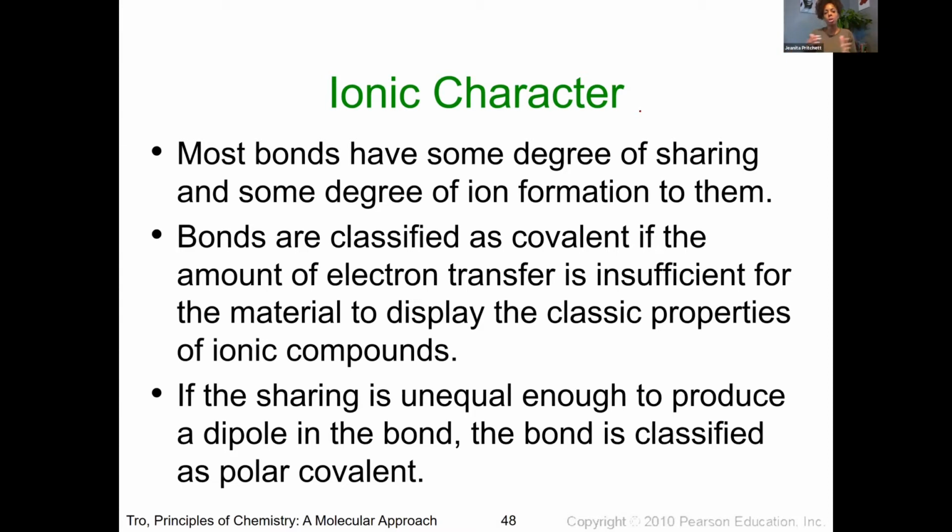So polar compounds are on a spectrum of ionic character. They're creating partial positive and negative regions, but they're not quite to the point where they've created true charges. Keep that in mind as you're classifying the different types of bonding. Do we have even sharing where we're both pulling it evenly? Am I pulling it a little bit more, so now we have uneven sharing? Or have I completely taken it from you and now we've created an ion? There's a range of ionic character that can exist within these compounds.